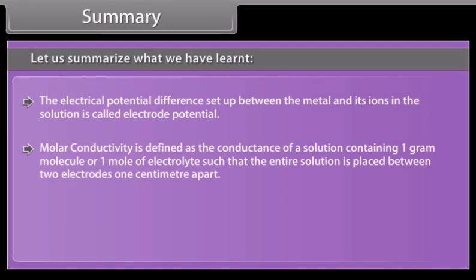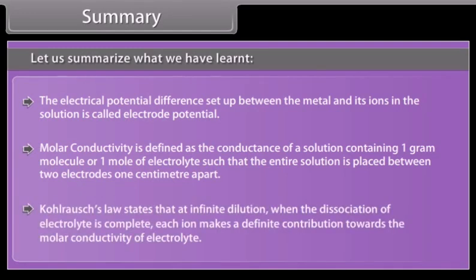Molar conductivity is defined as the conductance of a solution containing 1 gram molecule or 1 mole of electrolyte such that the entire solution is placed between two electrodes 1 centimeter apart. Kohlrausch's law states that at infinite dilution, when the dissociation of electrolyte is complete, each ion makes a definite contribution towards the molar conductivity of the electrolyte.